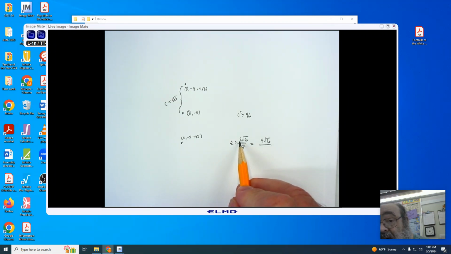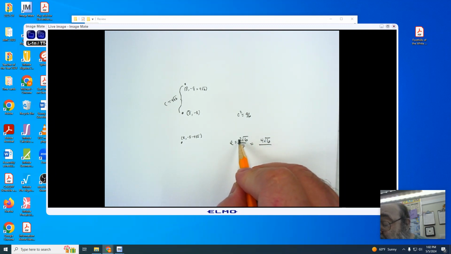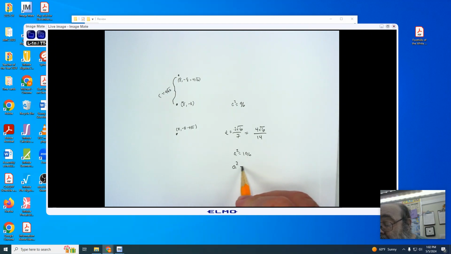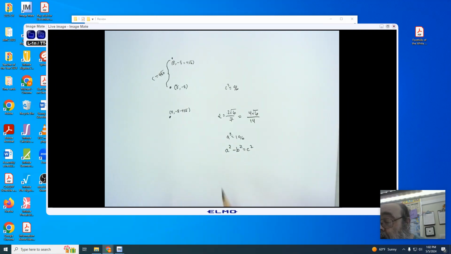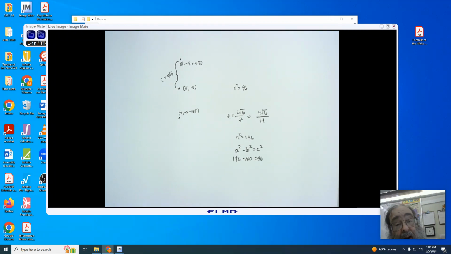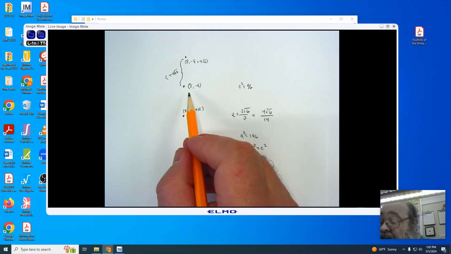You notice there's a 2 missing. So if I put a 2 here, I'm going to multiply this by 14. And I now know a squared has to be 196. And since a squared minus b squared has to equal c squared, 196 minus 100 would then give me 96.